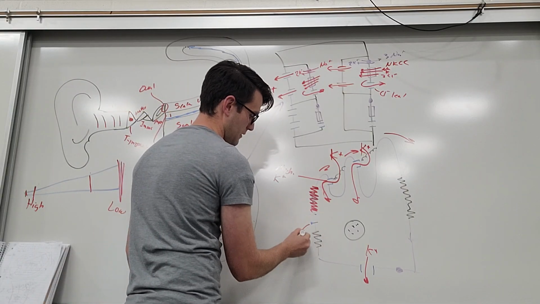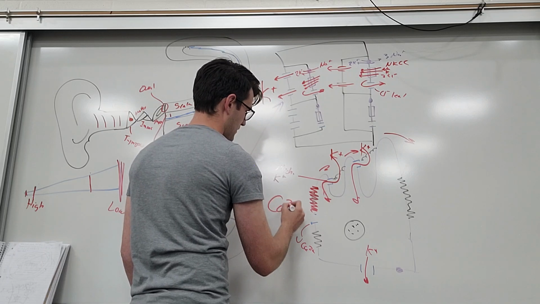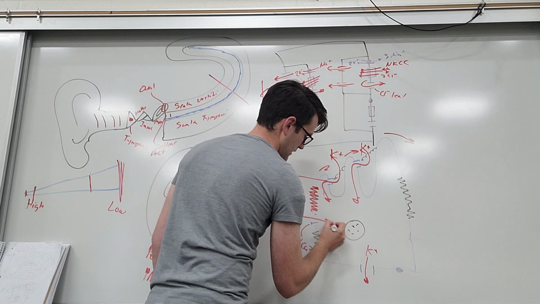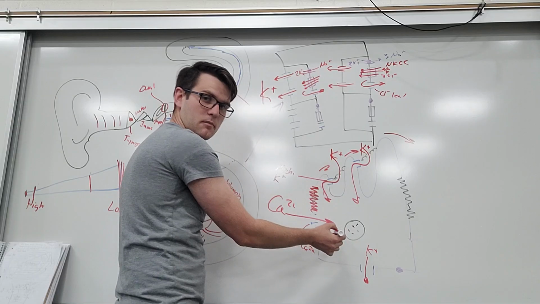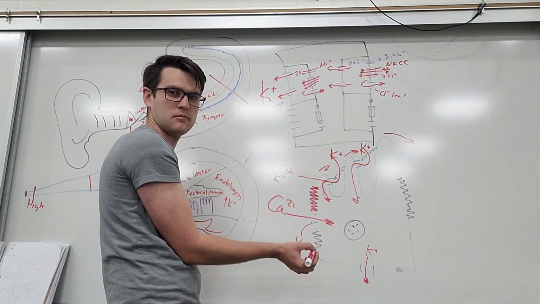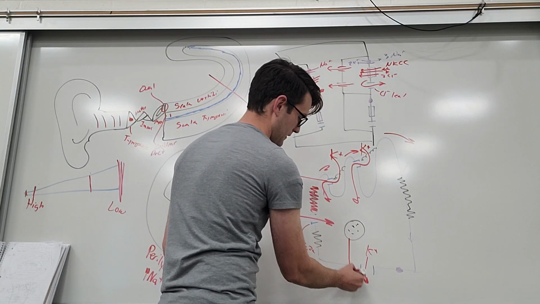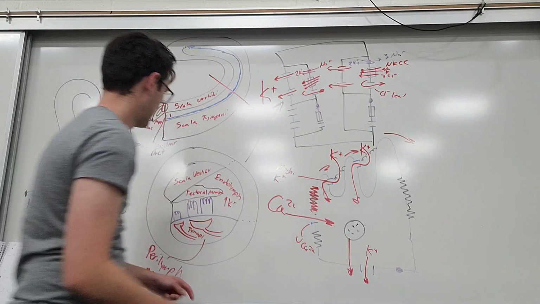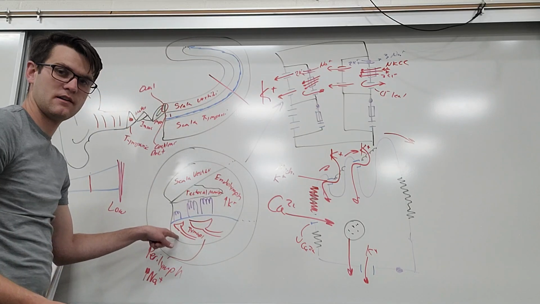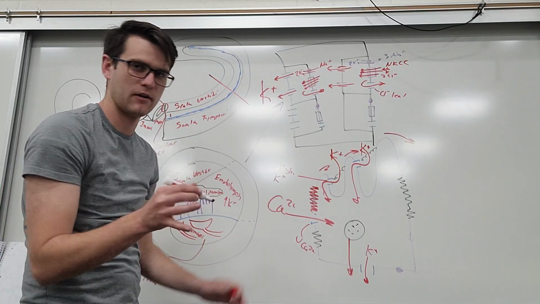It opens up this voltage-gated calcium channel, so now calcium is going to rush in and, again, bind to our SNARE proteins on this vesicle that has a neurotransmitter. We don't know what the neurotransmitter is, but it doesn't matter. That's going to kick it all out and synapse with this neuron here, which sends the signal to the brain saying, hey, this is the sound we're hearing, okay?